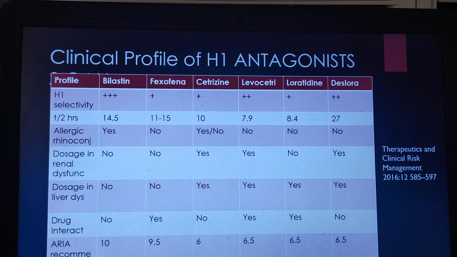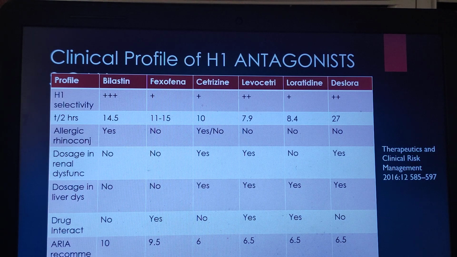So based on various parameters and these various characteristics, the Allergic Rhinitis and its Impact on Asthma, which is called ARIA. ARIA is the body which stands for Allergic Rhinitis and its Impact on Asthma.